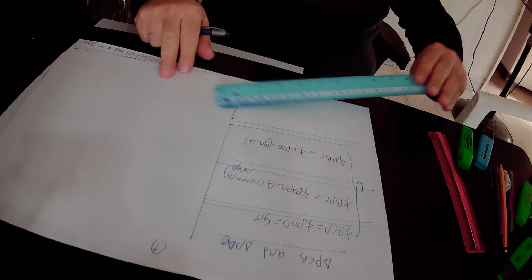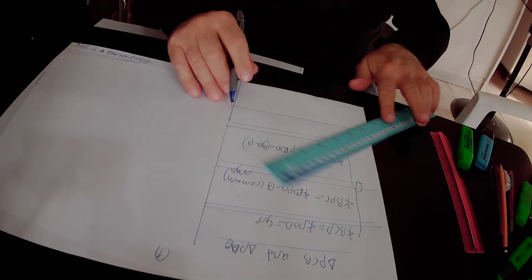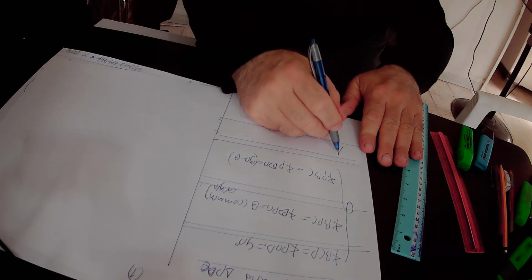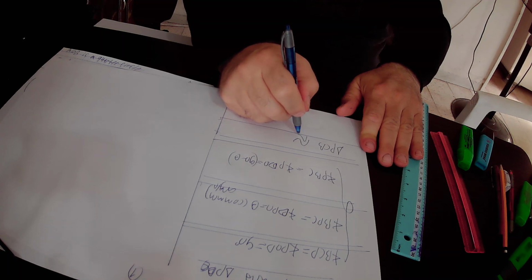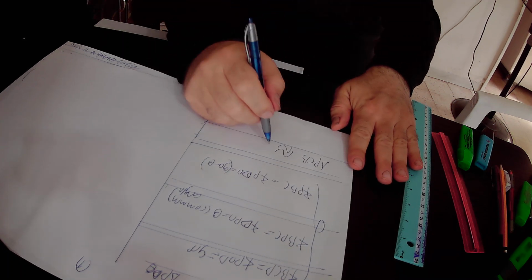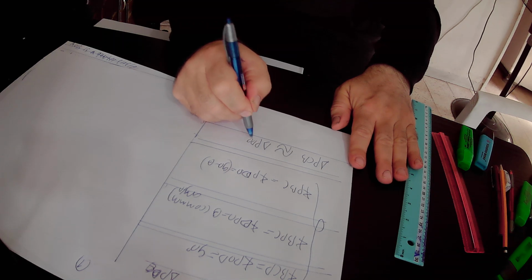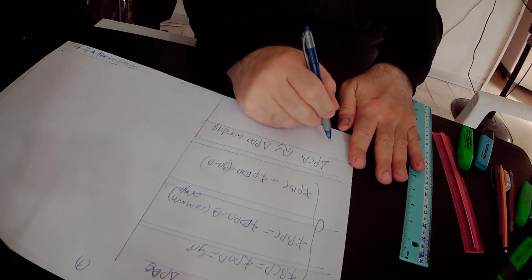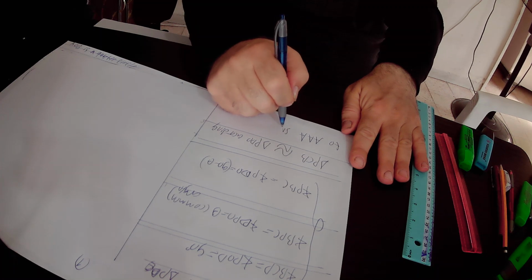So I write it down. The big triangle PCB is similar, this is the sign of similar, to the small right triangle PDO according to the angle similarity rule.